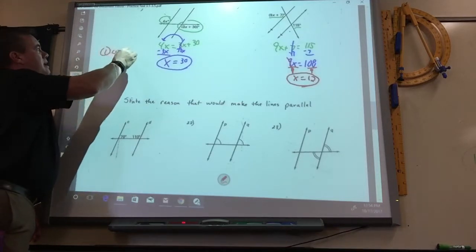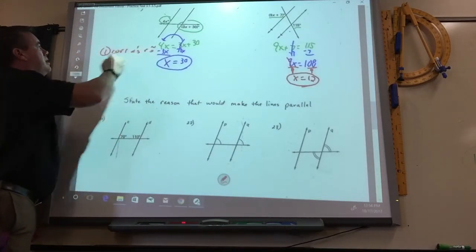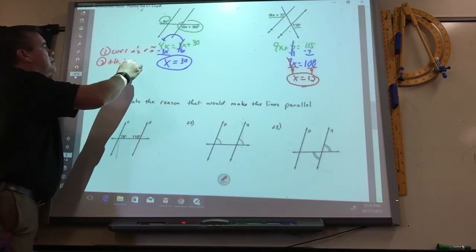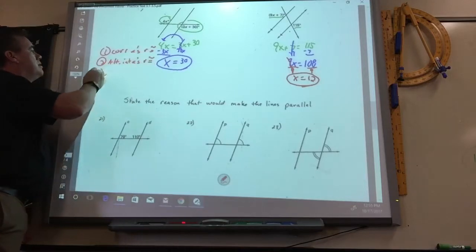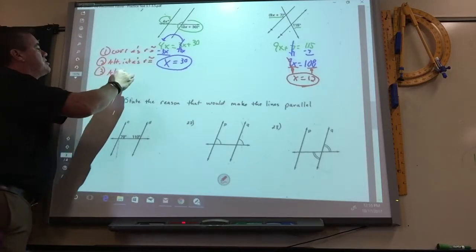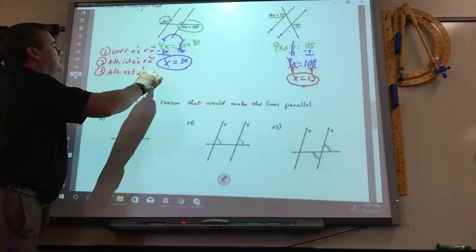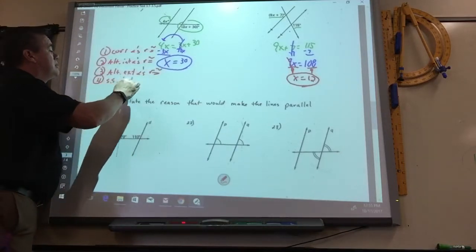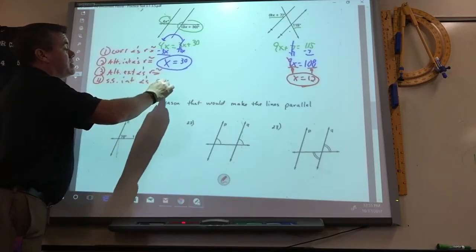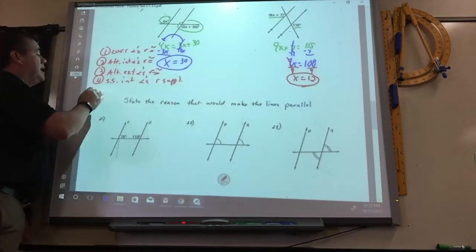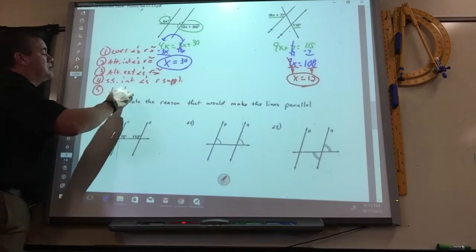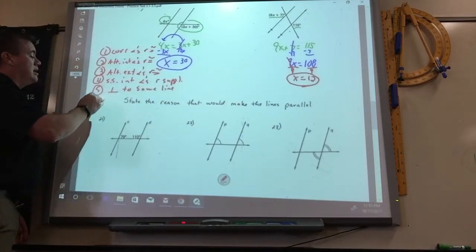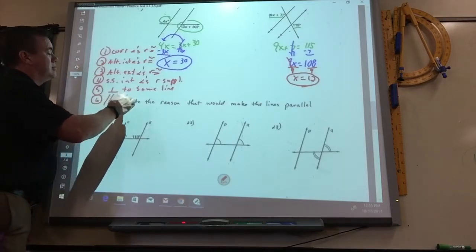If corresponding angles are congruent, if alternate interior angles are congruent, alternate exterior angles are congruent, same side interior are supplementary, and then the other 2 is they're perpendicular to the same line, or parallel to the same line. You need to know these.